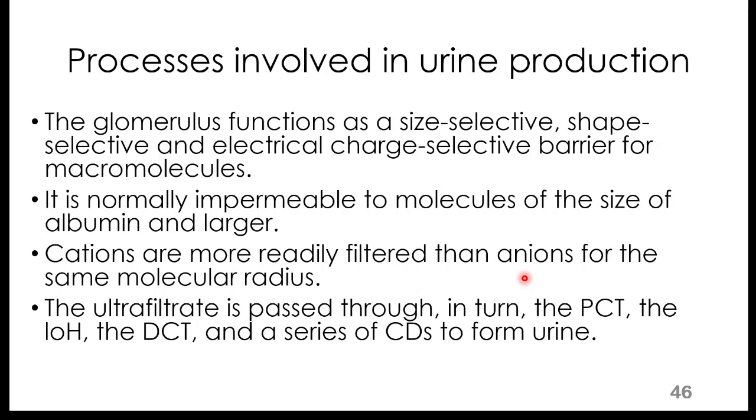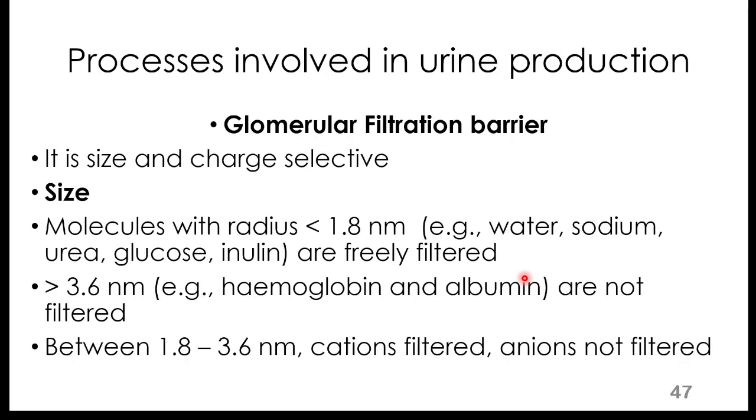All right, so normally the filtration barrier is not permeable to molecules that are as big as albumin or larger. All right, cations are more readily filtered than anions, because cations are positively charged ions. All right, now the ultrafiltrate passes through the tubular aspect of the nephron to eventually form urine.